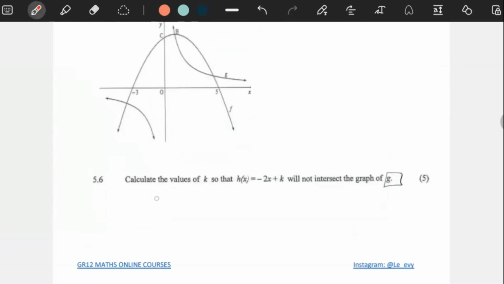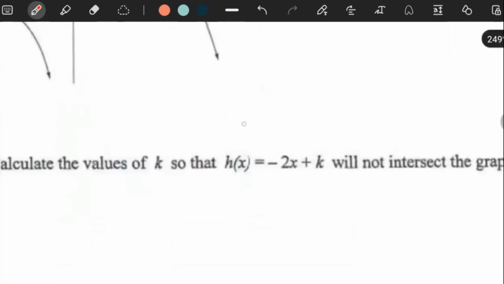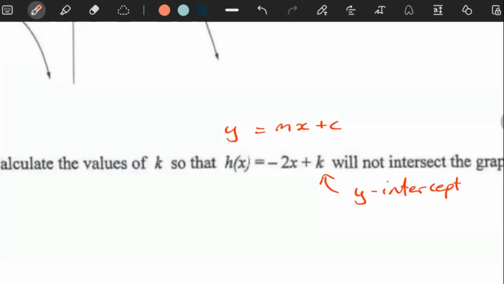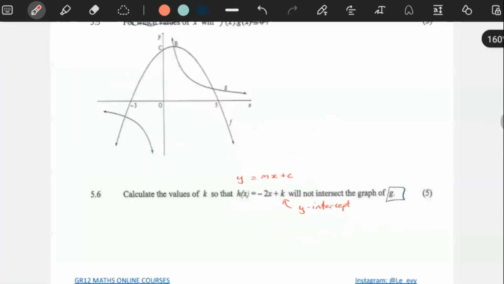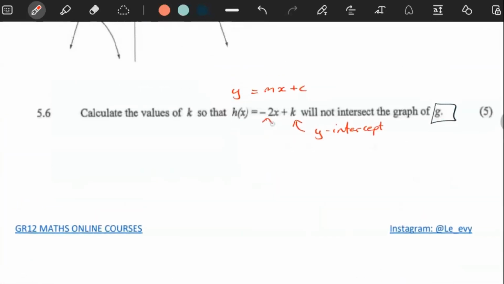So they said calculate the values of k so that this straight line will not intersect g. So remember, I referred to this as a straight line because the format is the format of a straight line. It is important for me to refer to this as a straight line because it shows us that k is just a y-intercept. The moment we're able to see that k is a y-intercept, we can also recognize that -2 is the gradient.